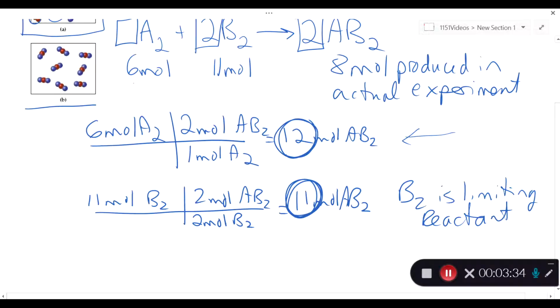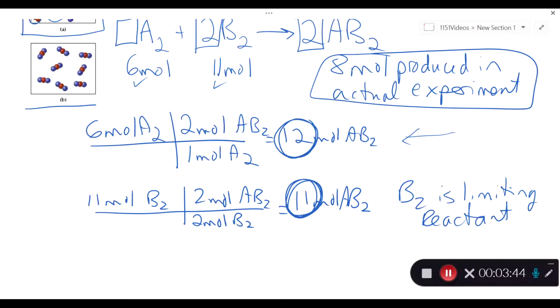But I've used this 6, I've used this 11, and now the percent yield is actual product, which produced 8 moles, divided by theoretical yield. Well, this 11 down here is the theoretical yield.